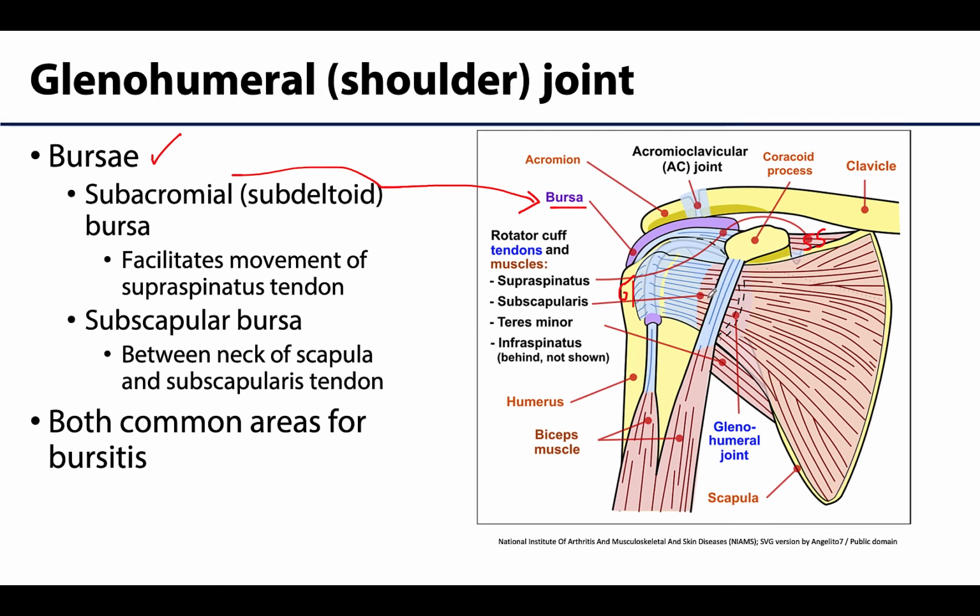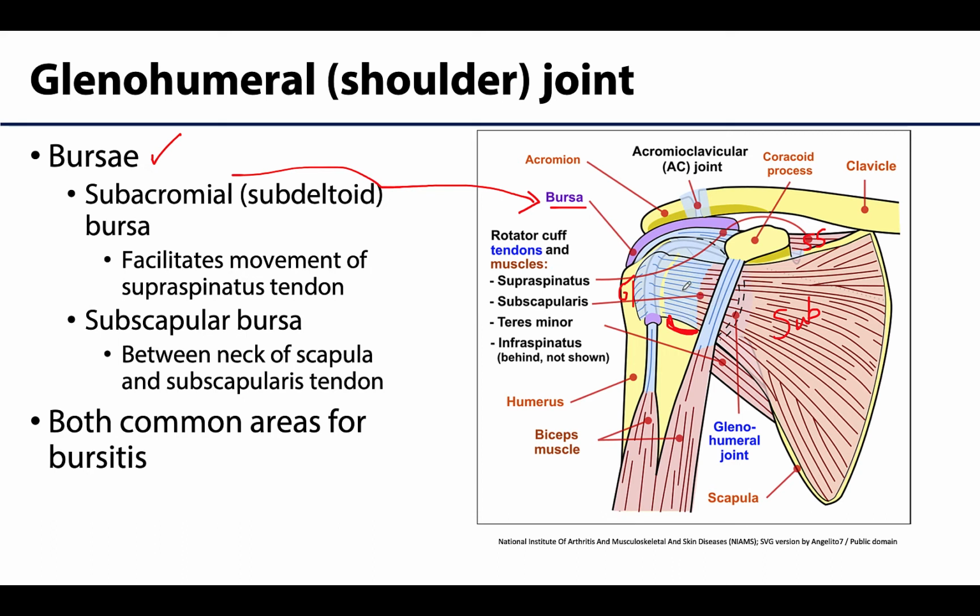Now, one bursa that is not here is, so this is the subscapular or subscapularis muscle. It's the only anterior rotator cuff muscle, and we'll talk about those in a moment. But its tendon is going to attach on this lesser tubercle over here, and there will be a bursa kind of underneath this tendon between kind of the neck of the scapula region, which would be right over here, and the subscapularis tendon.